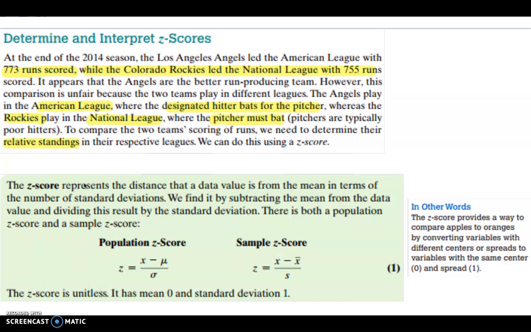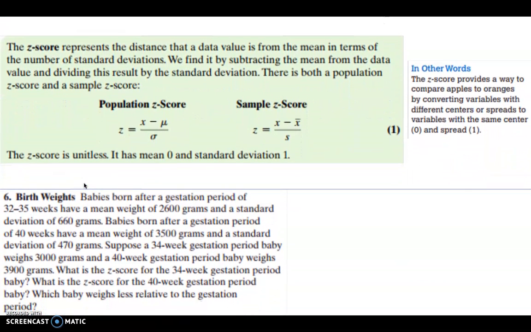Then we'll create what's called a z-score that allows us to compare different data points, and it brings them to the same level to compare. Coming from two different groups, we're going to normalize it so we can take a look at it. The z-score represents the distance that a data value is from the mean in terms of standard deviations.